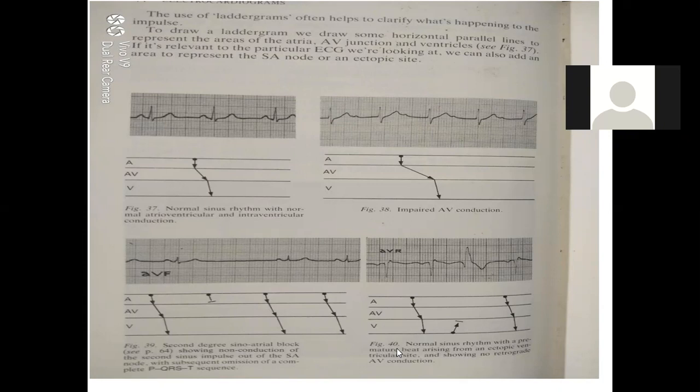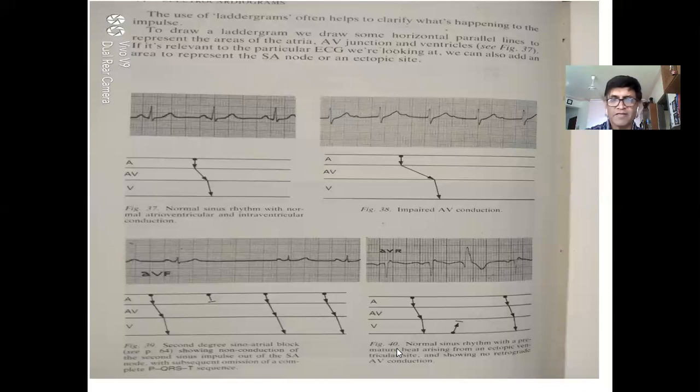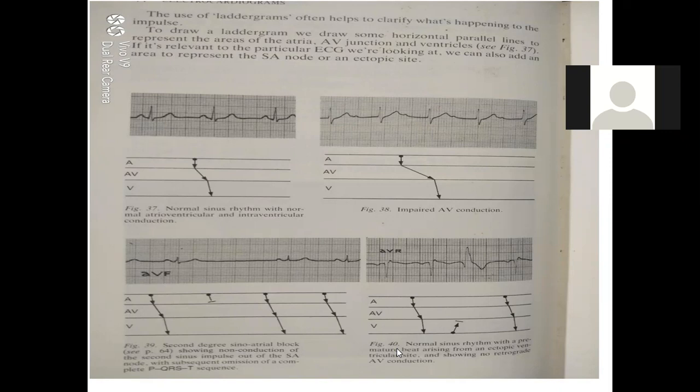What do you mean? Did anything go over your head? Can you read it again? Normal sinus rhythm with a premature beat arising from an ectopic ventricular site and showing no retrograde AV conduction.